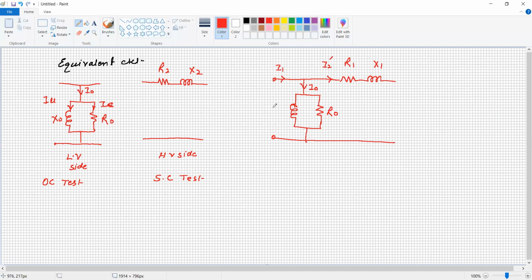It is R0, X0, I mu, IW, IC. This is the terminal V2 dash because it is referred, whereas R1 is equal to, as it is referred to the LV side, (N1 upon N2) whole square into R2. Similarly, X1 is equal to (N1 upon N2) whole square into X2.